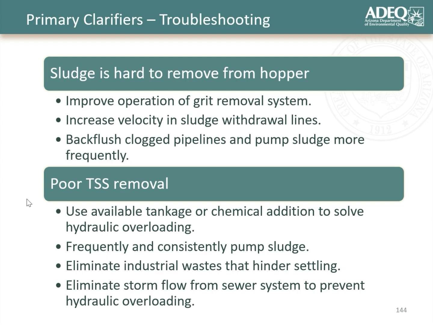Also, frequently and consistently pumping your sludge is important too. That makes certain your sludge blanket is not too deep. Evaluate industrial dischargers. Maybe they're causing some hindering to settling due to the material in the waste. And lastly, eliminate potential storm flows like high I and I flow events, which can cause flushing events into your clarifiers, which can then cause poor TSS removal.